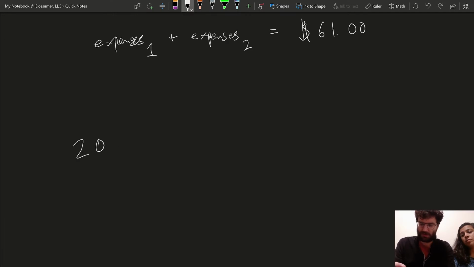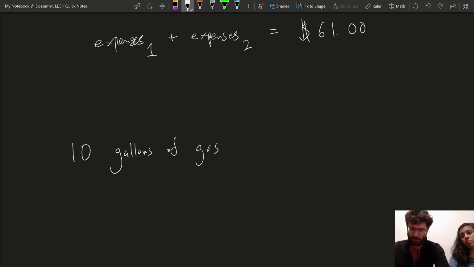So that's going to look like on paper. 20, well, he said 10. Yeah, let's say 10. Our example is 10 gallons of gas, and then multiplied by the unit cost by some amount.